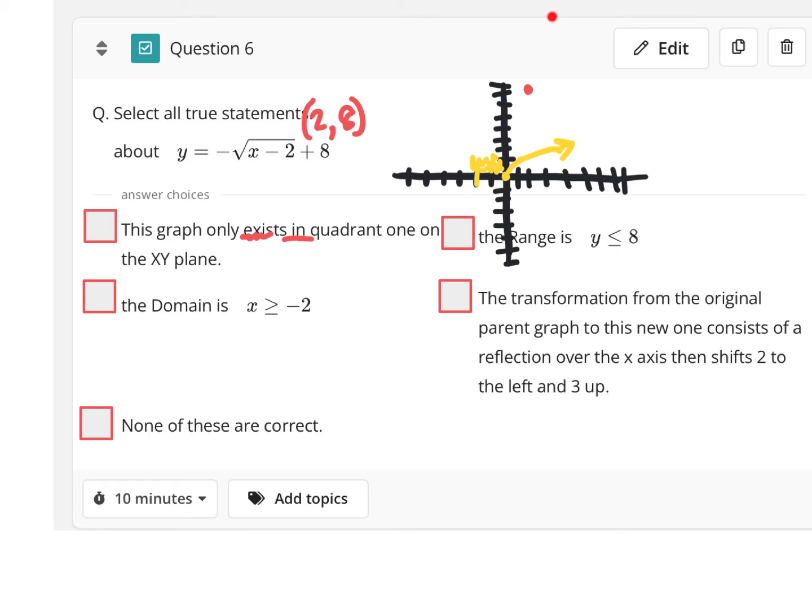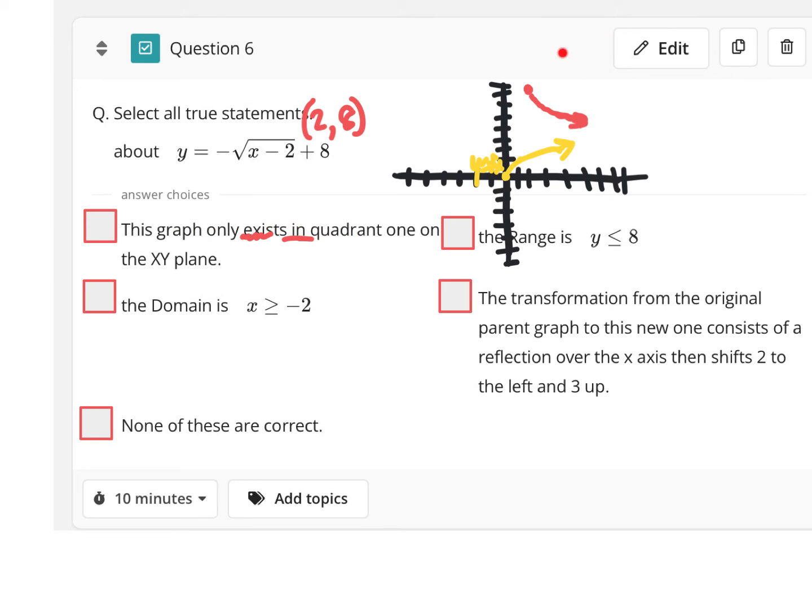So this guy that got shifted 2 to the right and 8 up is going to go in that direction, going down and to the right forever. Okay, like that. That's just a sketch. You could graph this on Desmos so you could see it. It'll be way up here at 2, 8, and then it shoots down and to the right forever. Okay, so this graph only exists in quadrant 1. Here's quadrant 1.